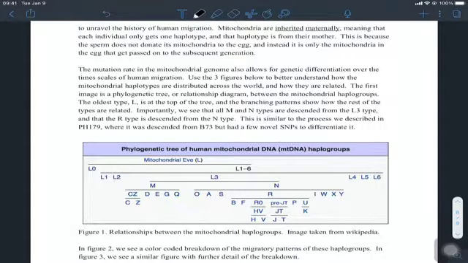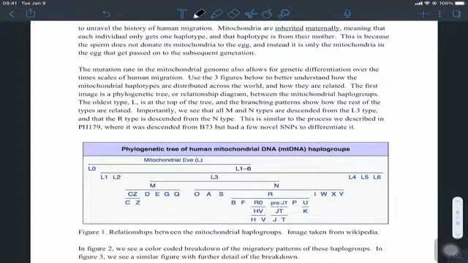So it's really mostly housekeeping stuff that's present in the mitochondria, very few genes, and therefore a lot of space for mutations that don't have an impact to accumulate. And so that's really, really important to our mitochondrial haplotypes.